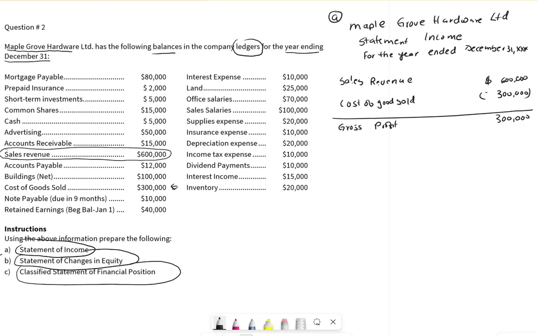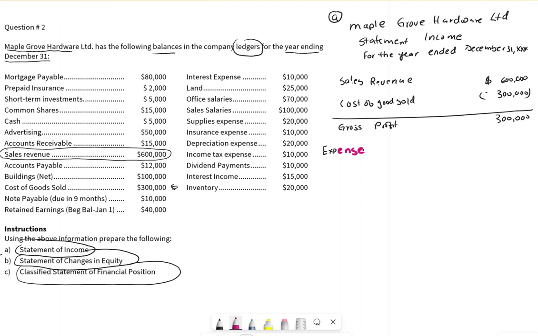Then we have expenses, and we have different types of expenses. We only deal with the expenses, not any prepaid expenses, just the expenses. So we're going to go through each one and see which one is an expense.